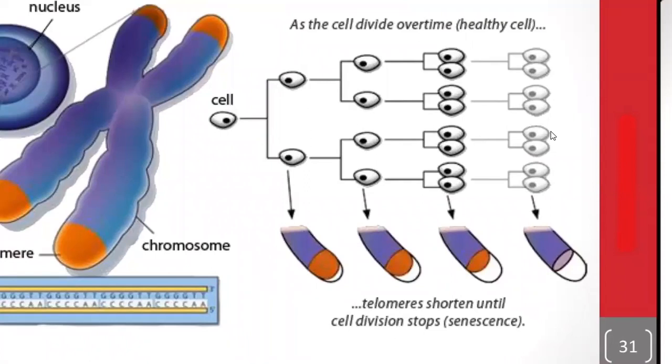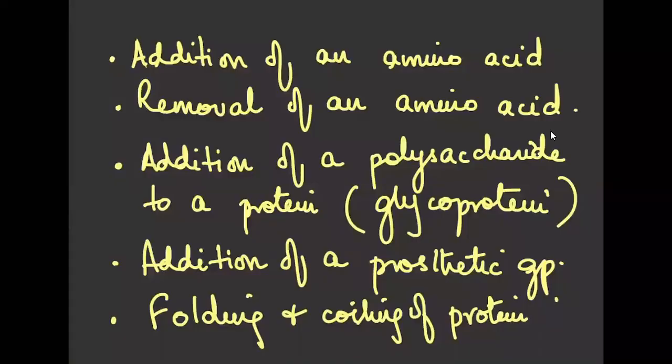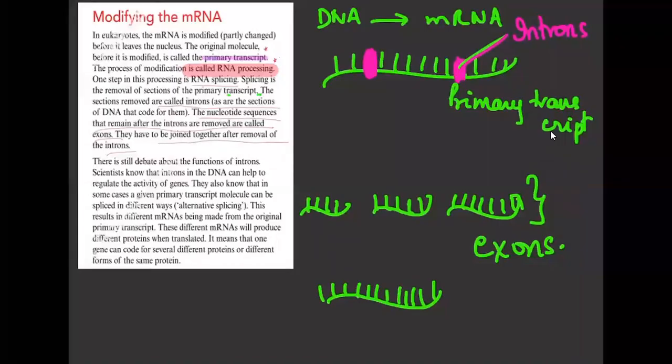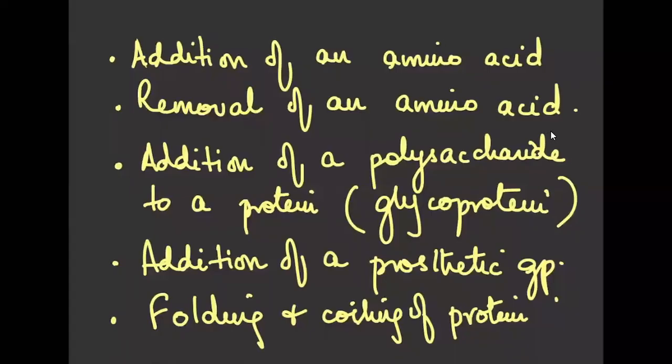So let's go back to protein synthesis. Yes, what we just did is modification of mRNA. Now another modification comes. Let me give it a heading. This modification is known as modification of the protein. Okay?